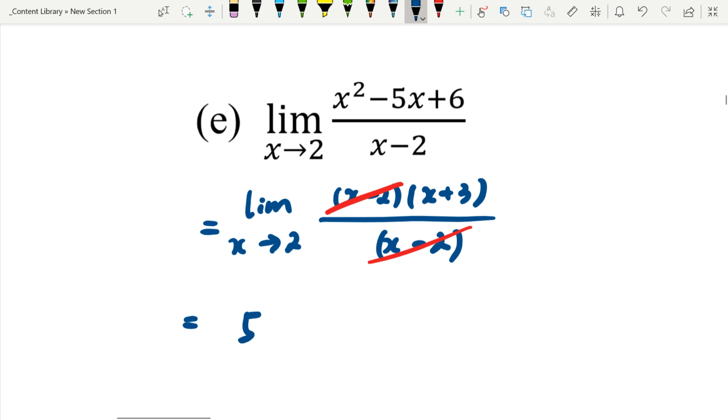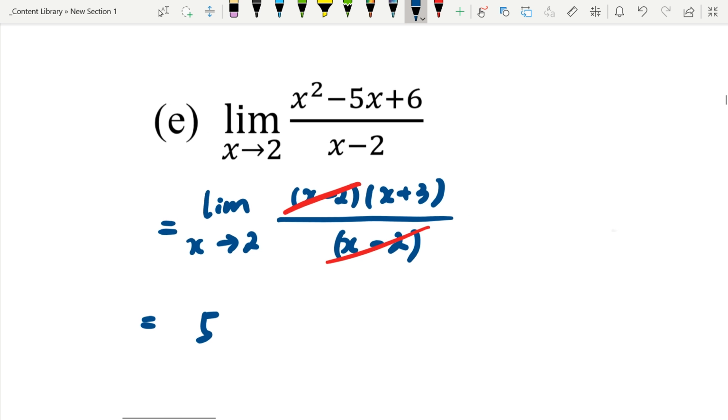So the limit is 5 in this case. Like this whole expression equals 5. You don't need to rewrite, just equal. It's like an expression, just keep that expression equals that expression equals that.